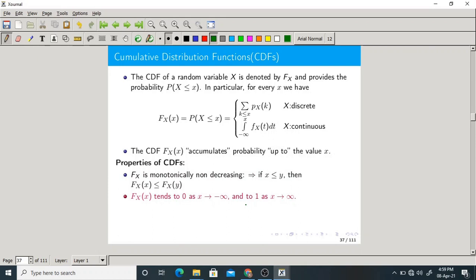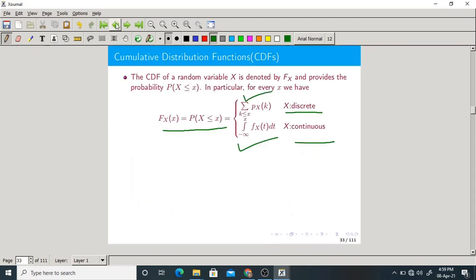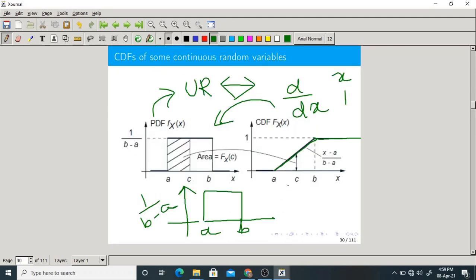So when x tends to minus infinity, this will tend to 0. When x tends to infinity, it tends to 1. Okay, just now we have seen this here. When x is tending to minus infinity, it is 0. When x is becoming infinity, it is 1.